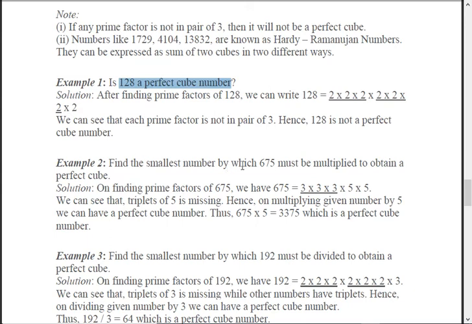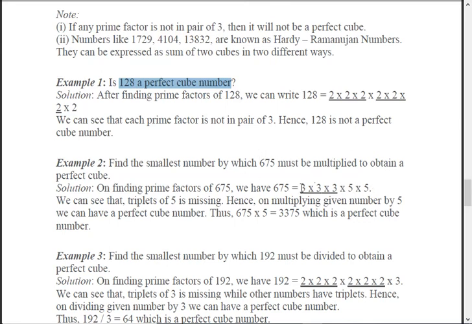Find the smallest number by which 675 can be multiplied to obtain a perfect cube. We have solved many examples of this sort in practical videos; follow that. Here we will just be covering a few of them, just to give you the hint. Break 675 into prime factors: 3, 3, 3, 5, 5.